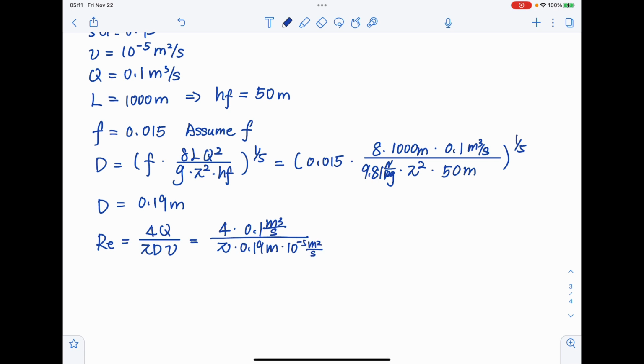Okay. So for those values, the Reynolds number should be 6.7 times 10 to the power of 4.